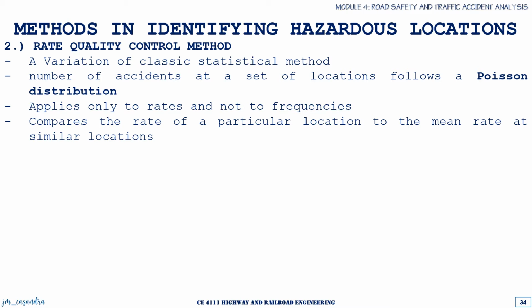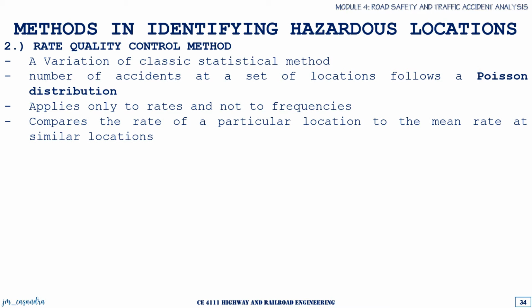Okay, so in the previous method, in the classical statistical method, we consider all of the locations in our study area. So for example, if my study area is the Cordillera region, I will consider all cities and municipalities in CAR for the classical statistical method.